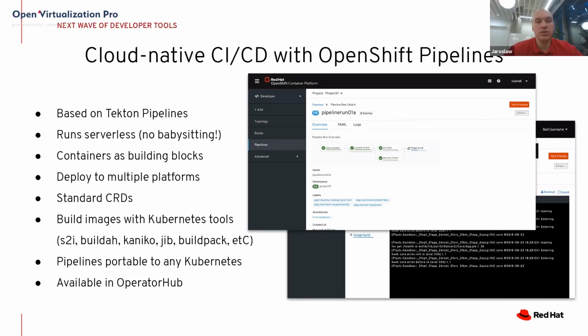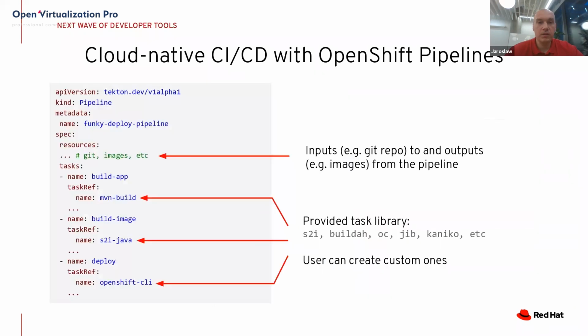So the main difference between those two is that Tekton is basically built in Kubernetes, so you don't need to install external tool like Jenkins, but you simply enable the functionality in OpenShift and you have it. The pipelines that you build are defined with YAML.